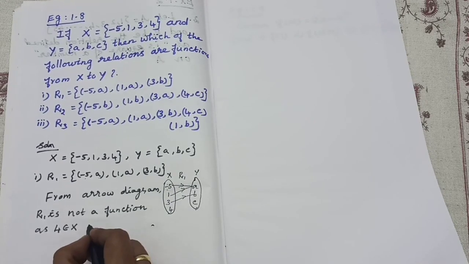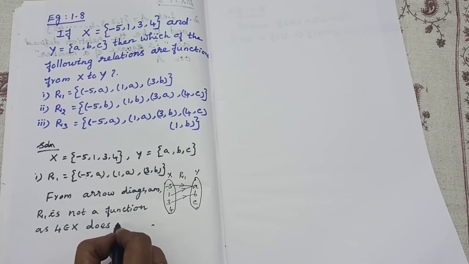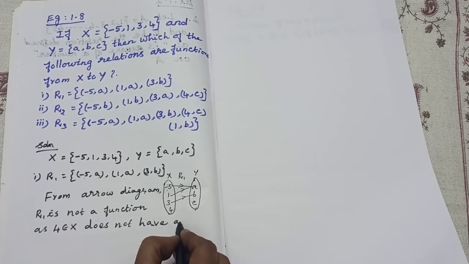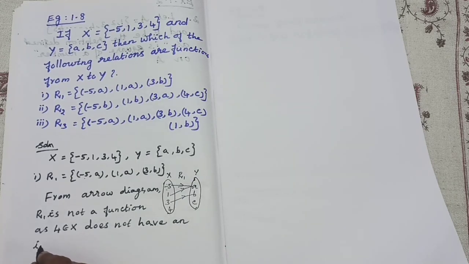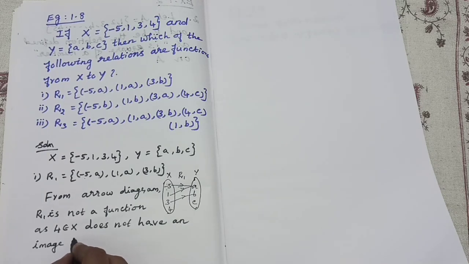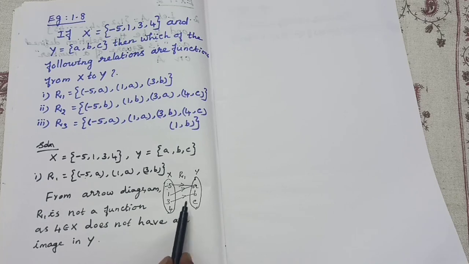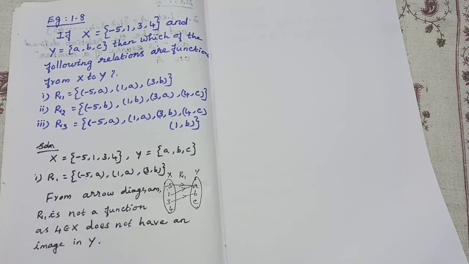It does not have an image in Y. Have you understood? Then R1 is not a function. This 4 does not have any image in Y. So it is not a function.